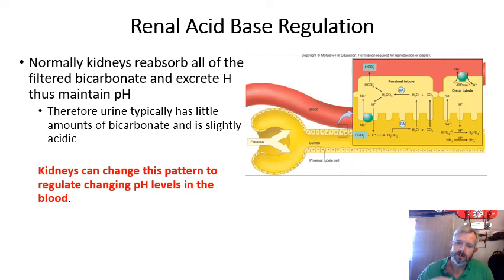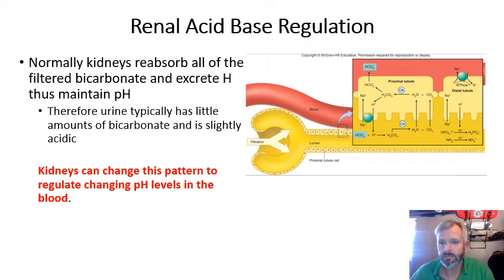So here's the part we kind of alluded to in the respiratory portion, because if you remember, respiratory can help regulate pH by regulating CO2 levels, and the urinary system can help regulate pH by regulating the levels of bicarbonate. And so here is where this is taking place.